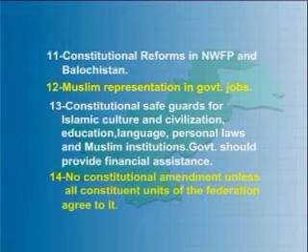Then the last point which he raised was that no constitutional amendment should be made unless all constituent units of a federation agree to that. That is, if you want to change the constitution, then you must deal with provinces, and all provinces should agree. So these were the 14 points which outlined the demands of the Muslims.